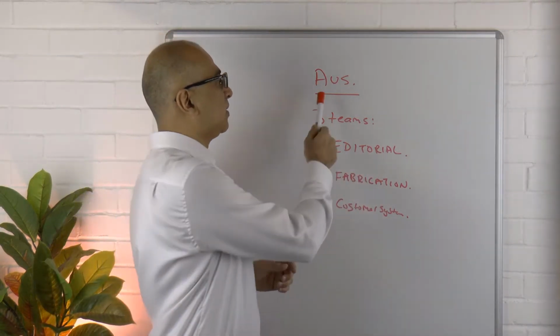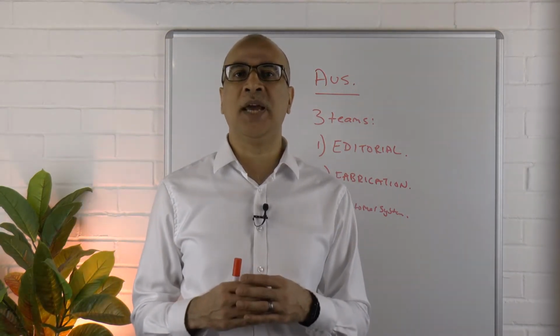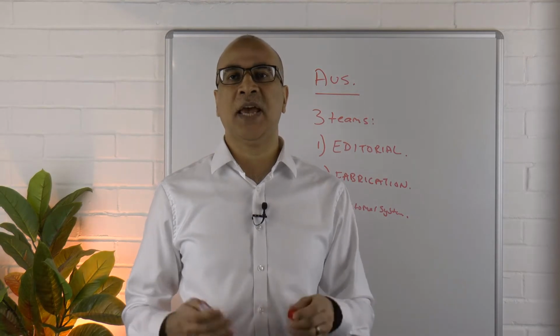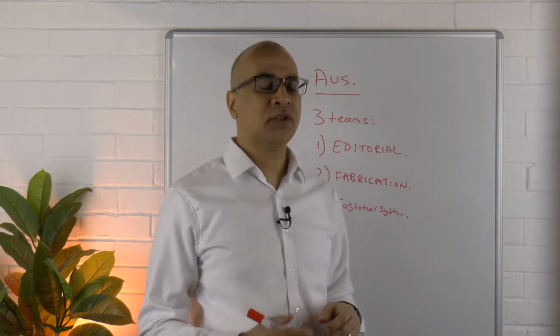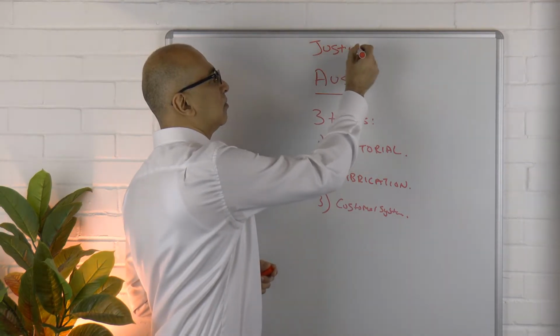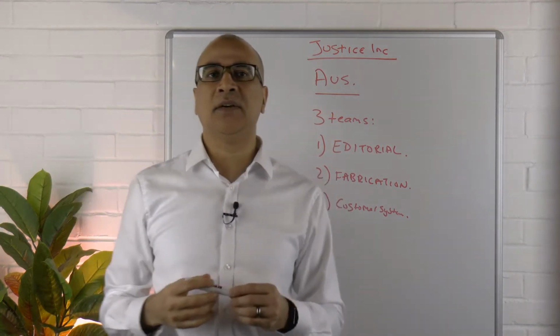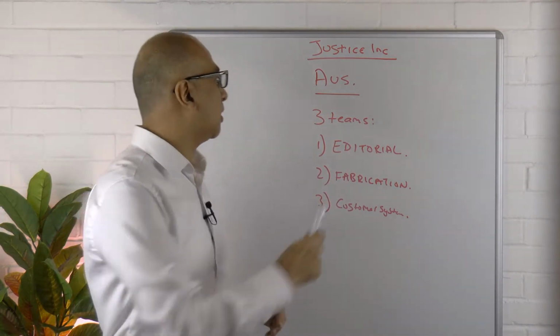We have this legal system that actually is a Google for lawyers, if you like. Let's just give this company a name. We'll just call them Justice Inc. Okay, and this Justice Inc. is creating a new product in the Australian market.